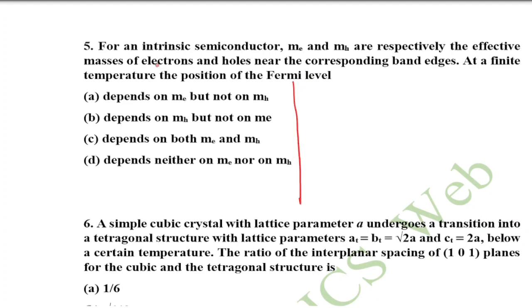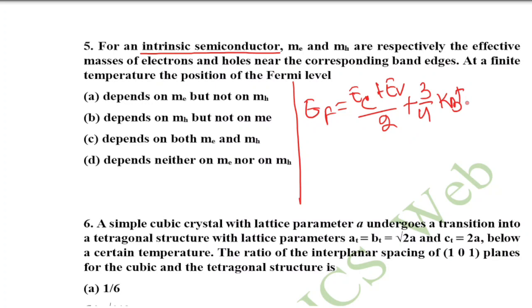See, it is given that this is an intrinsic semiconductor, and for an intrinsic semiconductor, we know the Fermi level is given by (Ec + Ev)/2 + 3/4 kBT ln(mh*/me*). So at finite temperature, the position of the Fermi level depends on both the effective mass of the electron and the mass of the hole. So C is your correct option.